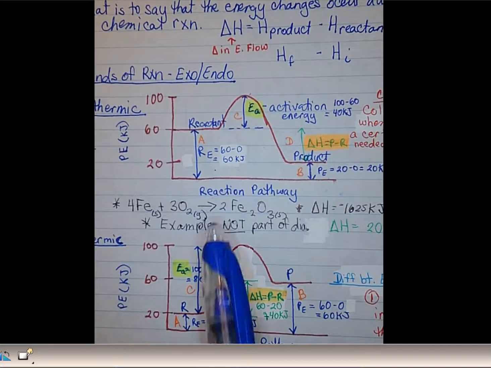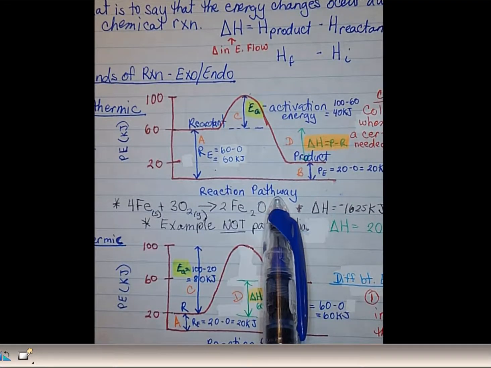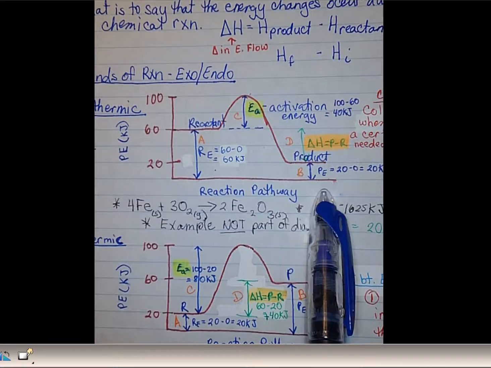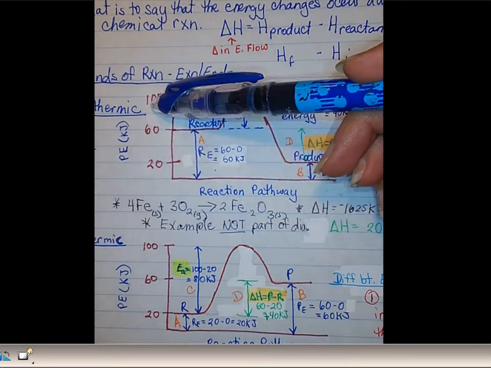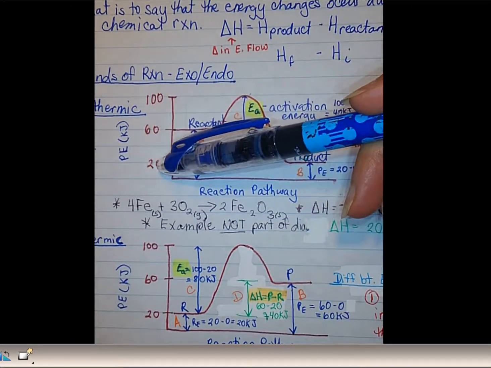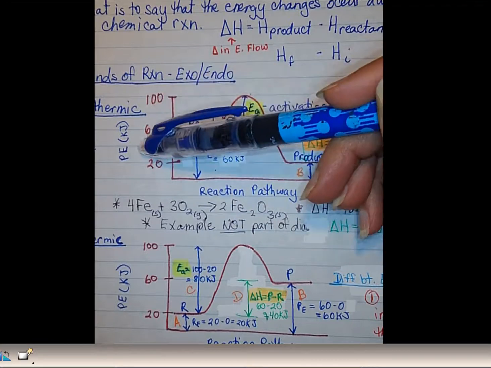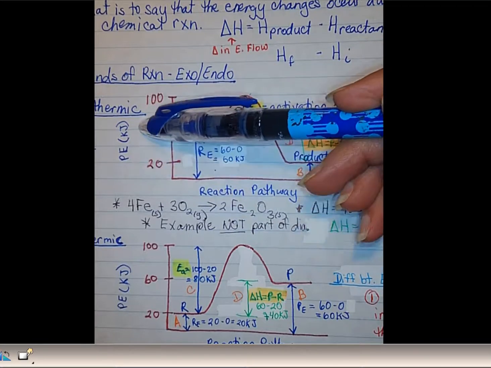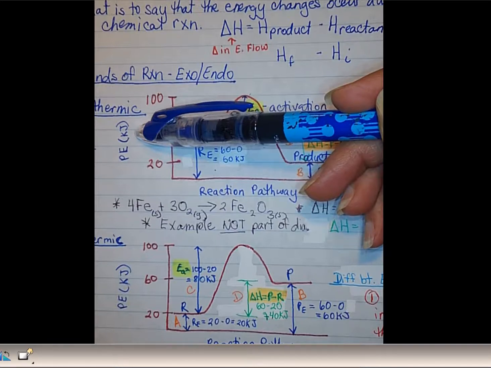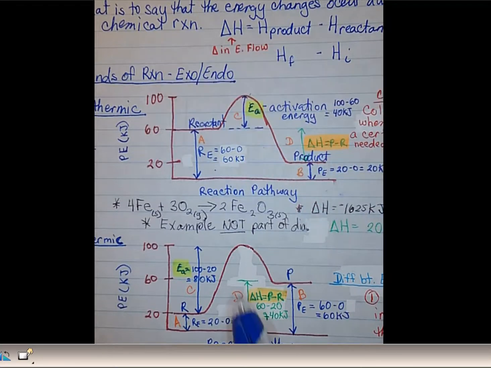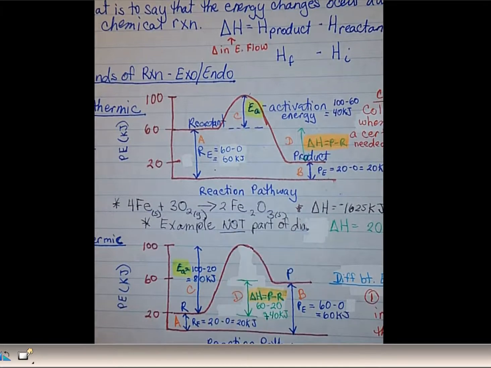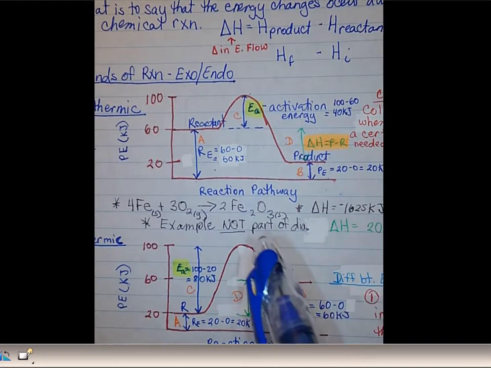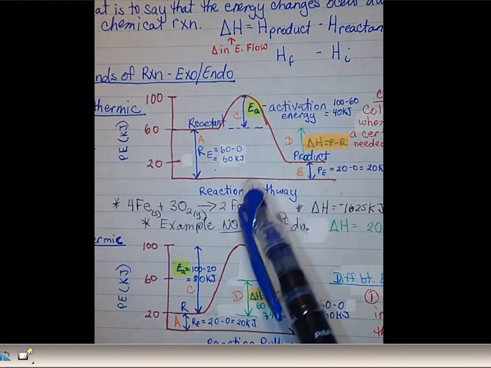The reaction pathway tells you the progression of the reaction. On the y-axis, you have the measurement of the potential energy, and potential energy is measured in kilojoules. This is true for both endothermic and exothermic potential energy diagrams.